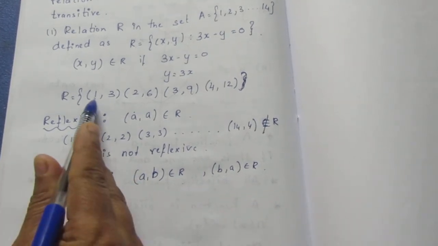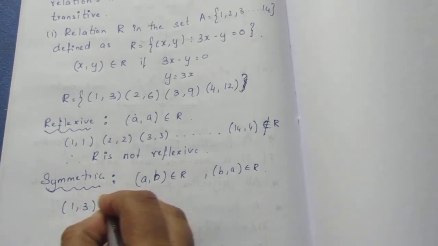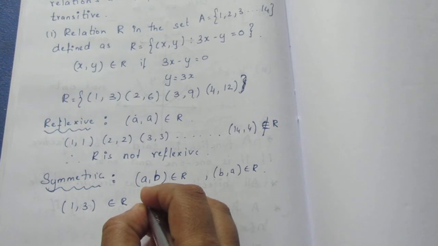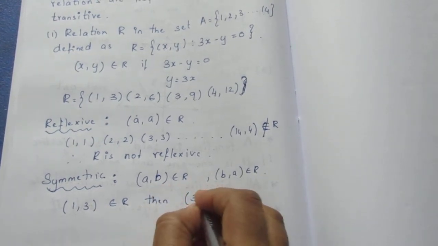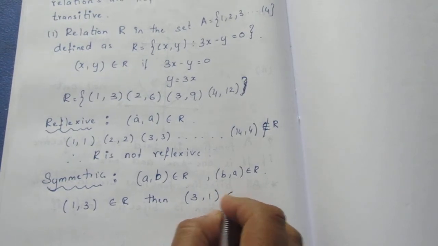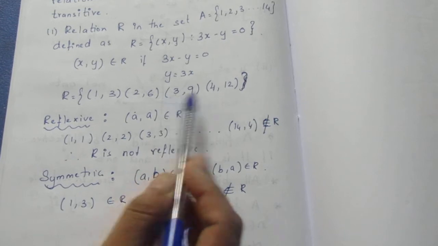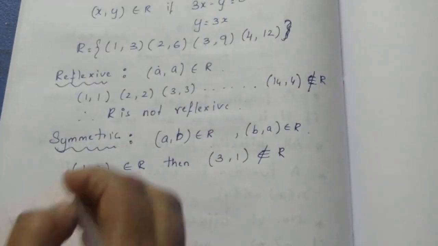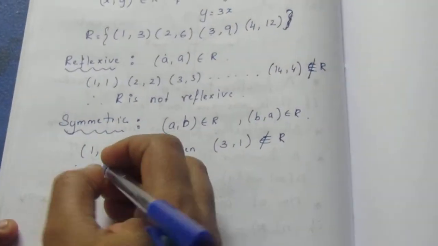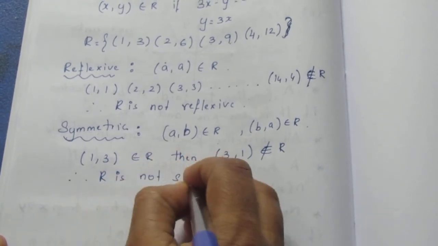Here you check, if 1 comma 3 belongs to R, then 3 comma 1 should belong to R, but in this case 3 comma 1 does not belong to R. There is no 3 comma 1 here. So in this case also, R is not symmetric.